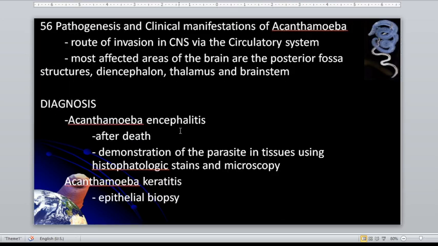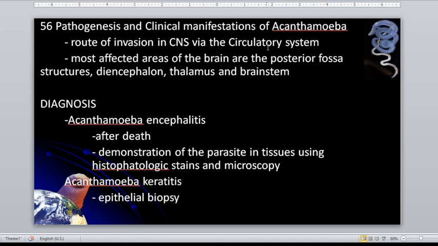Okay, so pathogenesis. The route of invasion in the CNS is through the circulatory system. Therefore, they enter through the circulation to reach the brain.